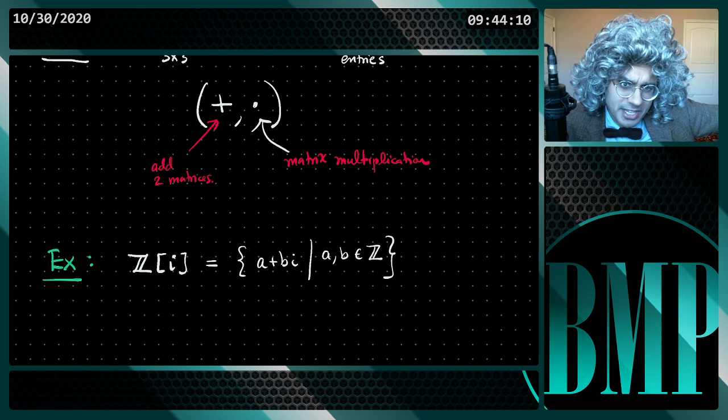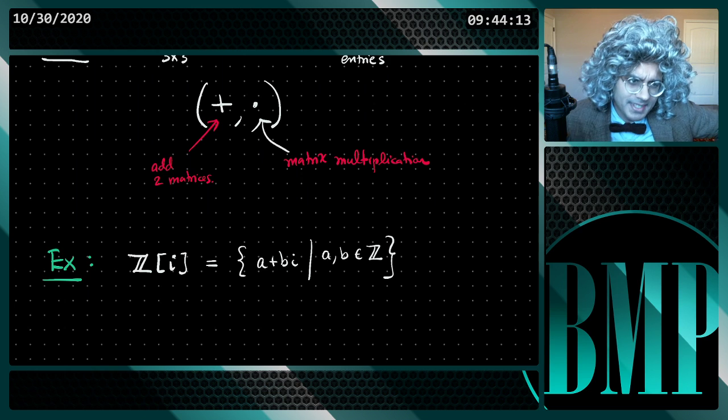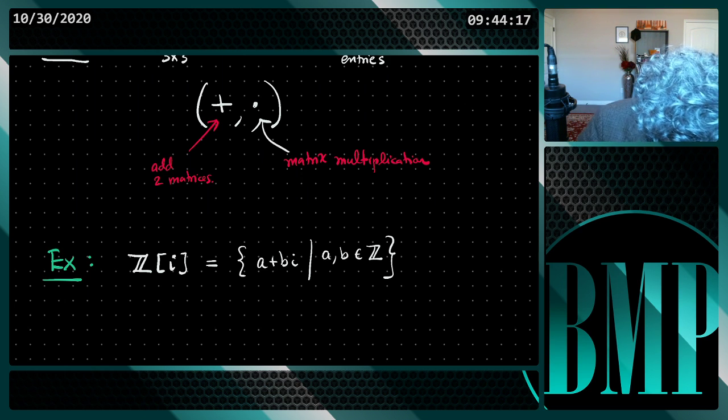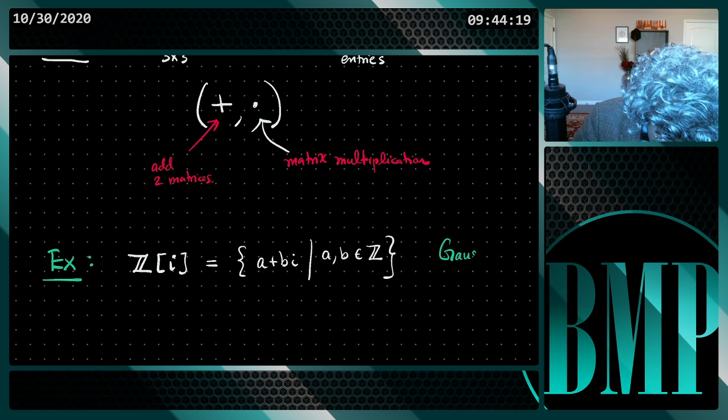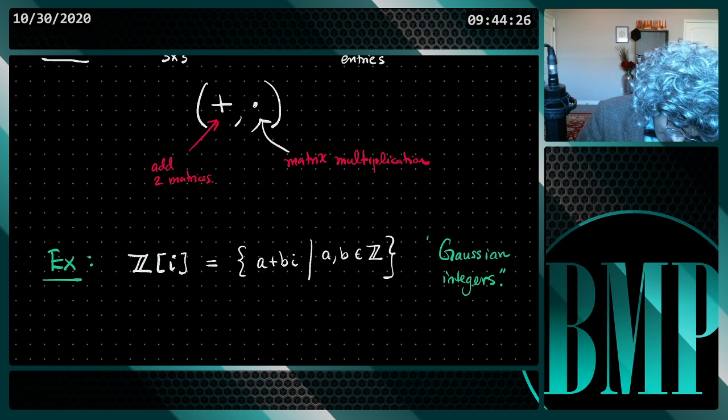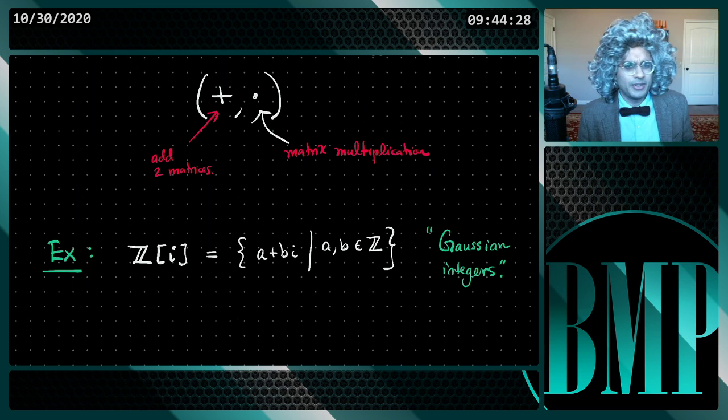Integers plus integers times i. This ring has a name. It's called the Gaussian integers. How do you add and multiply?